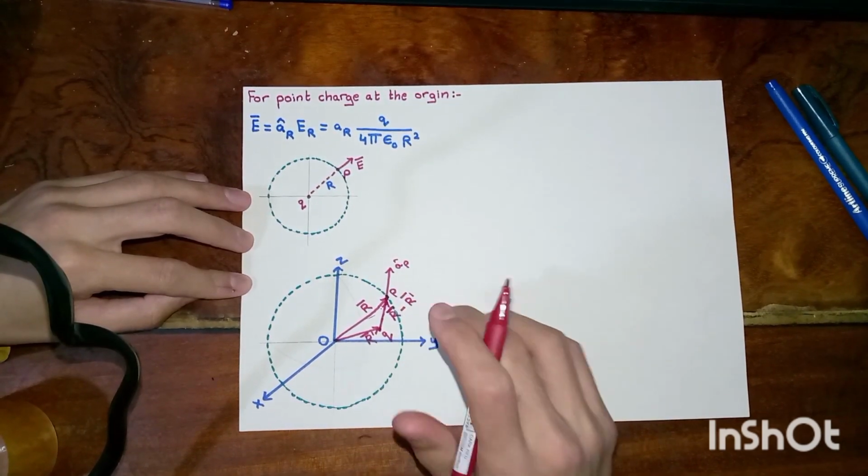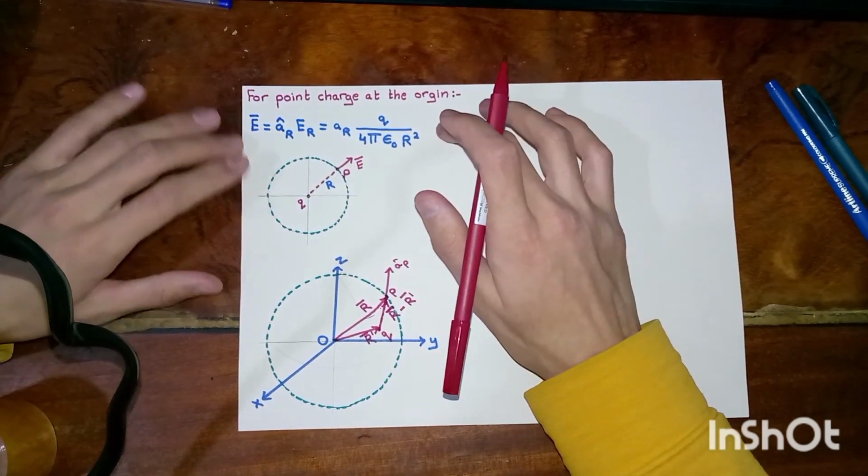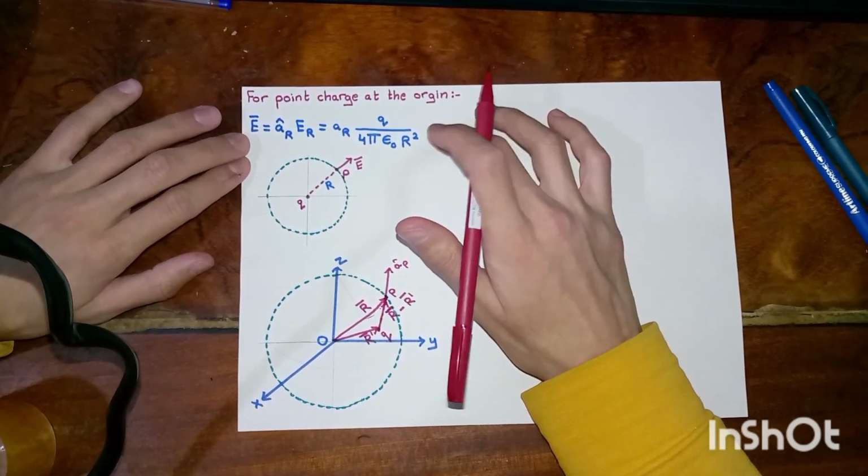Now let's use these new vectors to make adjustments to this equation.